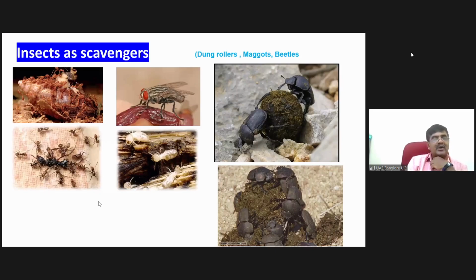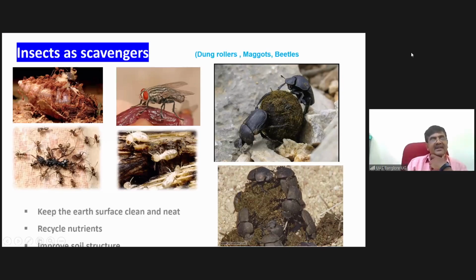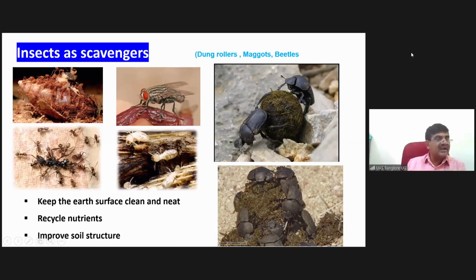As I told you, these scavengers keep the earth surface clean and neat. They help in the recycling of nutrients and also help in improving the soil fertility. In this way, insects as scavengers help human beings.